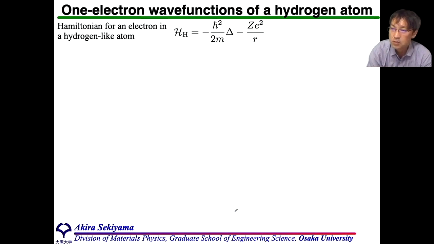Before going to the Coulomb interaction, I explain the one-electron wave function of the hydrogen-like atom. So this is a Hamiltonian for an electron in the hydrogen-like atom. Here, implicitly, I use the adiabatic assumption, for which the nucleus is fixed on the origin of the coordinate.